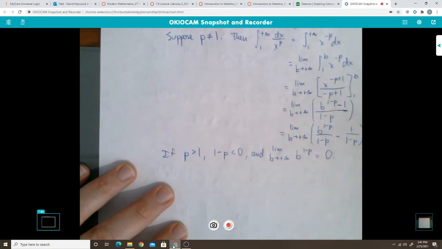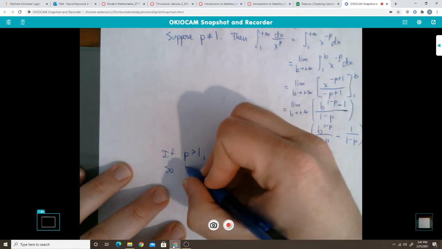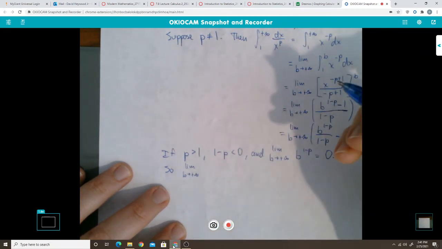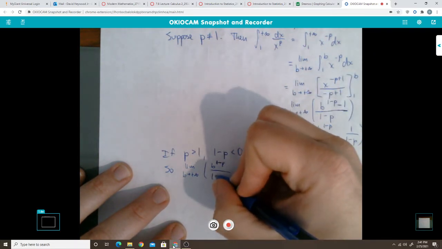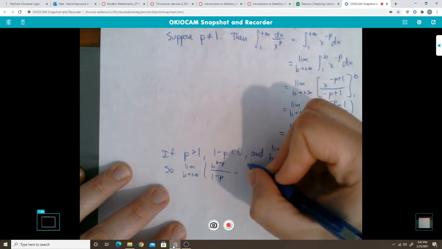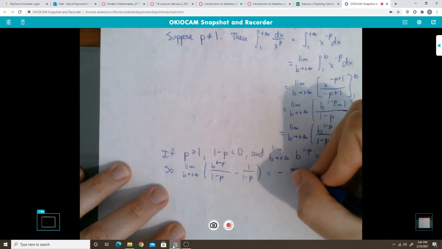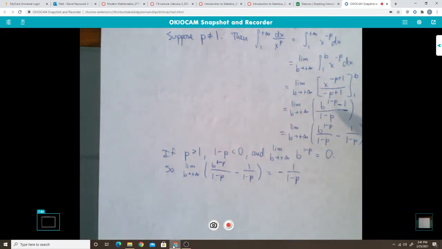And so the integral would converge. So the limit as b goes to positive infinity of b to the 1 minus p over 1 minus p minus 1 over 1 minus p would just equal negative 1 over 1 minus p, or if you like, you could call it 1 over p minus 1.